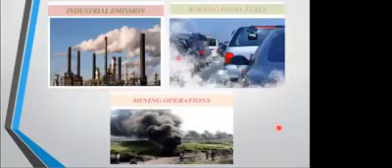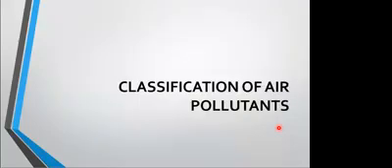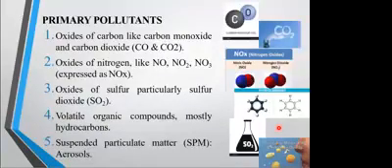Industrial emission, burning of fossil fuels, mining operations could also give off pollutants to the air. So the classification of air pollutants now: we have the primary and the secondary air pollutants. Primary air pollutants are emitted directly to the atmosphere.